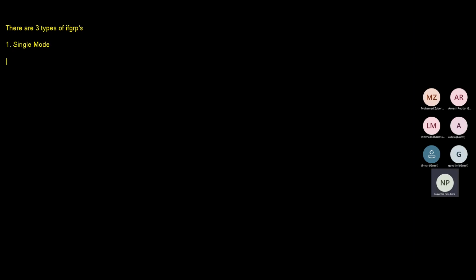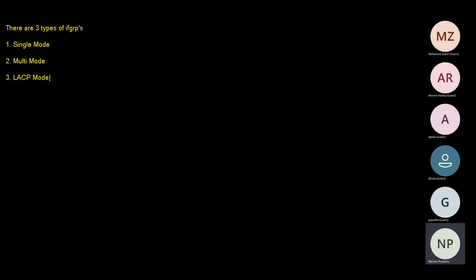Second one is multimode IFGRP. Third one is LACP mode. These are the three modes available. So whenever you are creating an IFGRP, you need to pick one mode from these three modes. We'll talk about each mode now, how they will work and when we are going to use them.